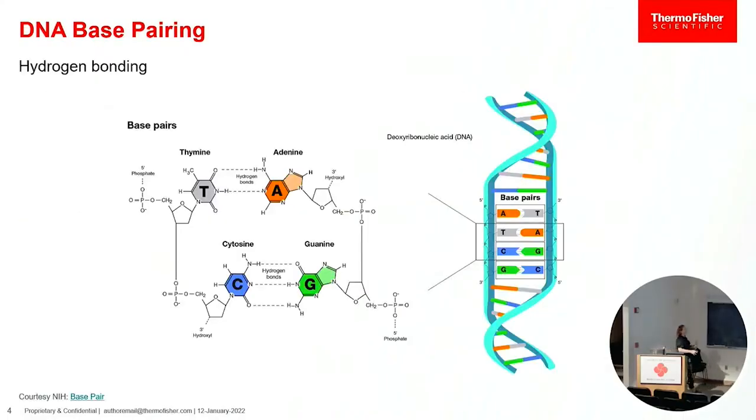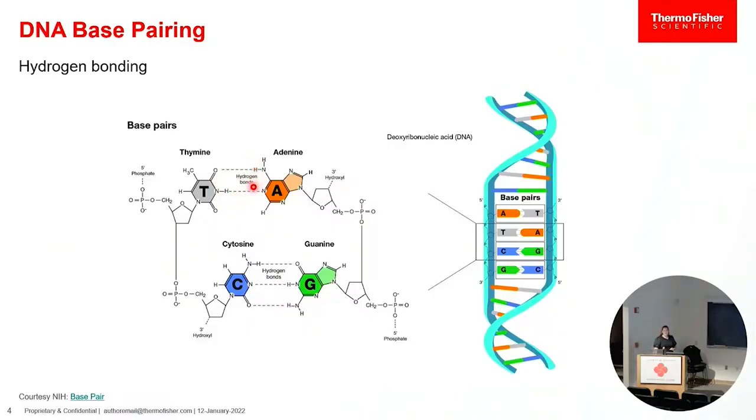So just a picture, when we talk about base pairing, this example is of DNA. And what I want to point out is that when we talk about base pairing, these molecules are actually hydrogen bonding with each other. We have these associations with each other.